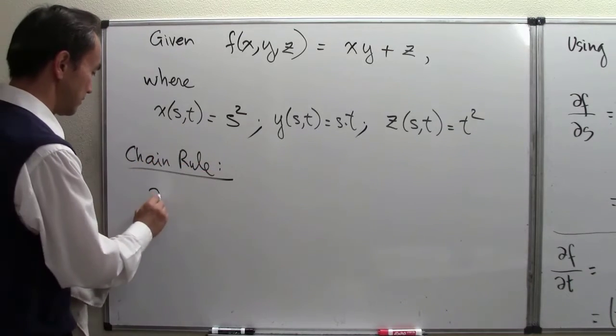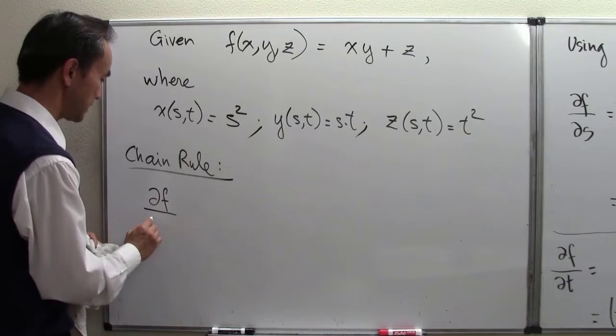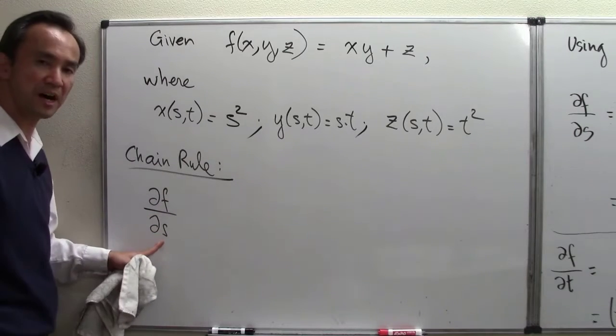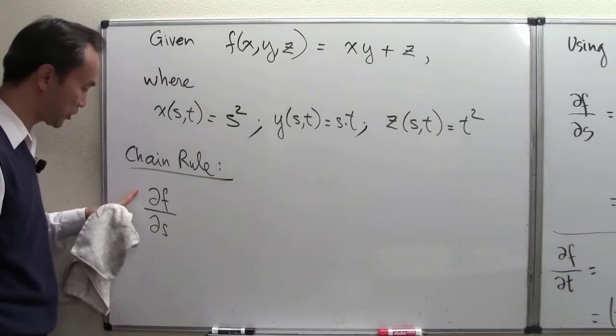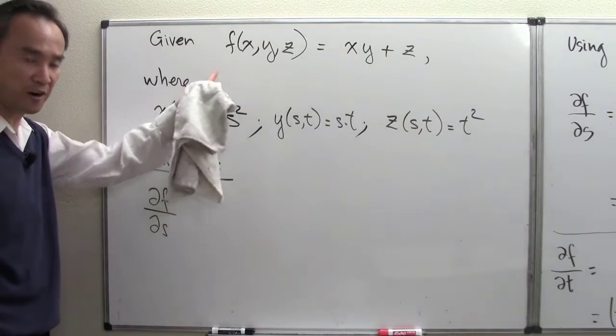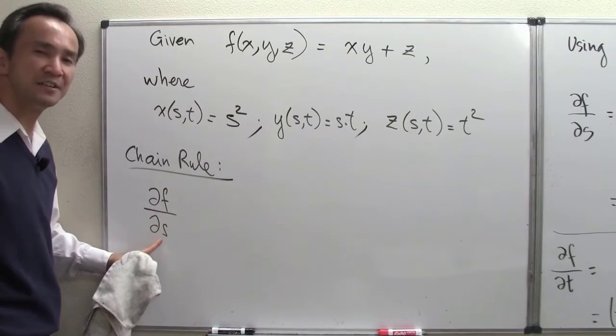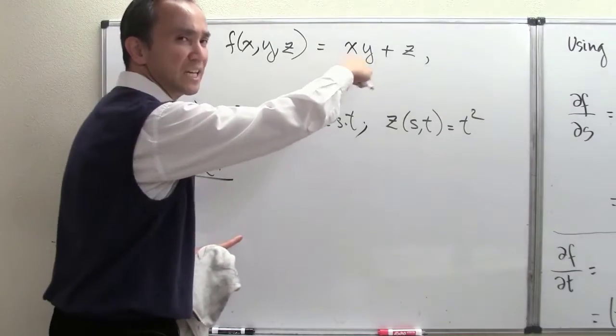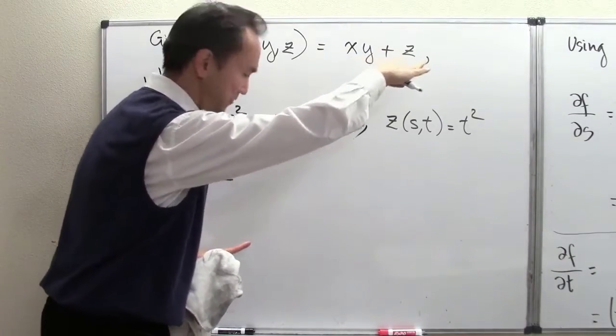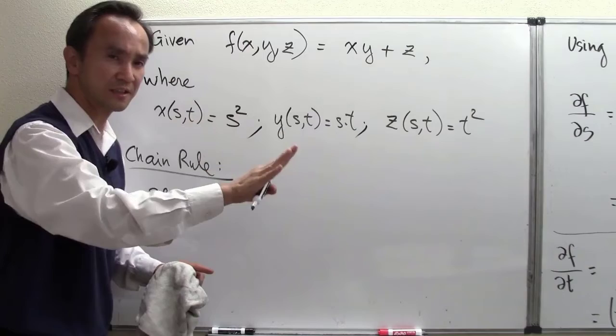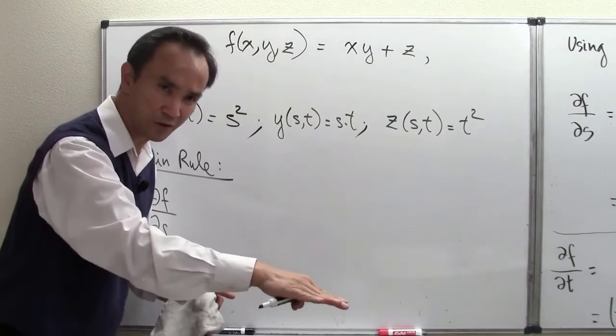Okay. df/ds, the partial derivative of the overall function in respect to the first final variable. This is sort of like the beginning, the initial level of variable, and then s and t are the final variables, the final level of variables.